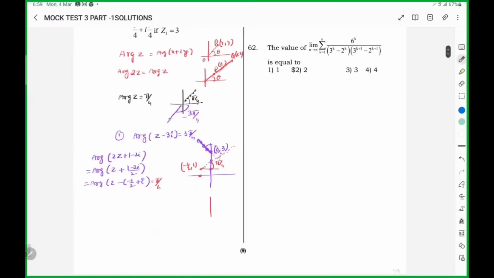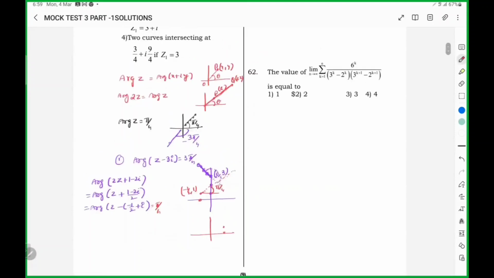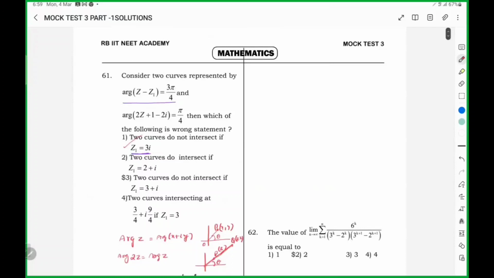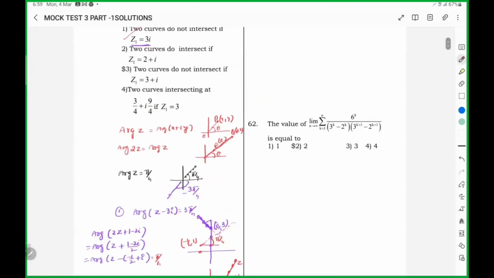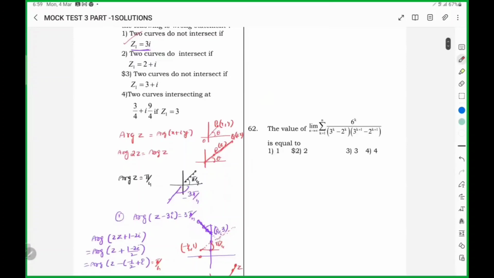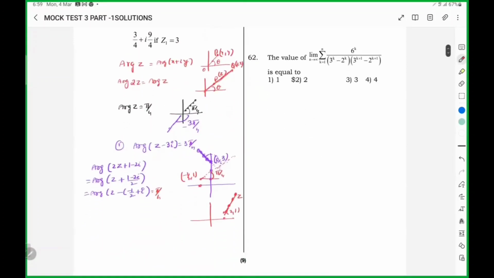2 plus i means where 2, it is 1. First, z1 is 2 plus i, he said, right? So z minus 2 plus i, argument is, sorry, 3 pi by 4, right? 3 pi by 4 means 2, 1 if I take.